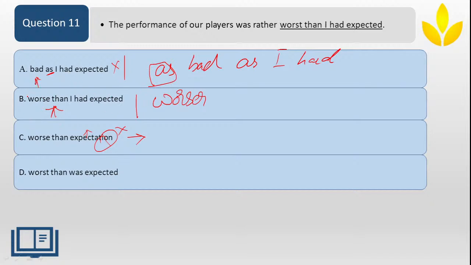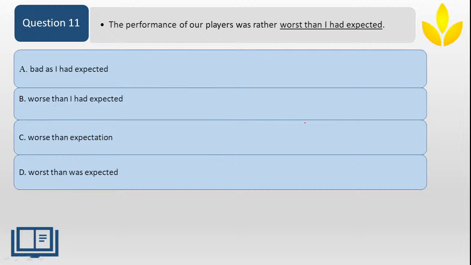So comparatively, this is better so far. "Worse than was expected," "than I expected." If I am introducing the subject "I," "was" is not required. "I expected" itself is correct for, let's say, simple past. So the comparative "worse" is the correct word form. This is a comparative statement.